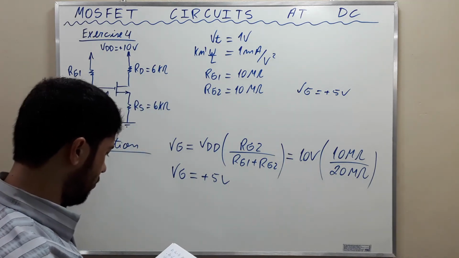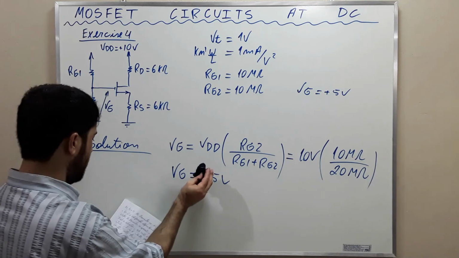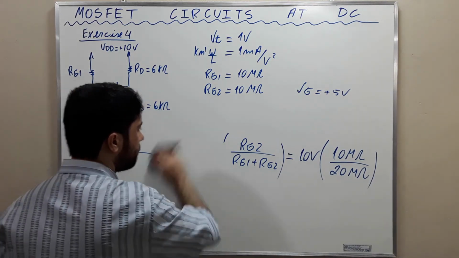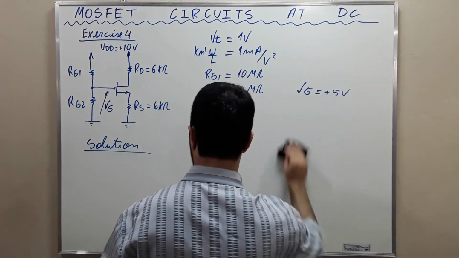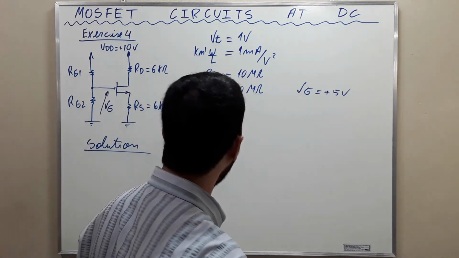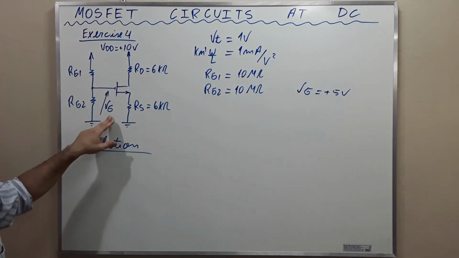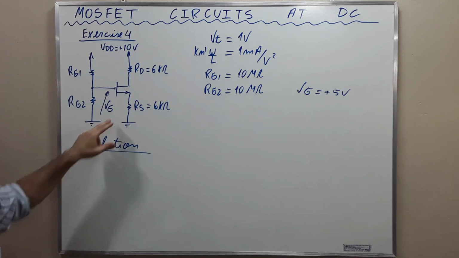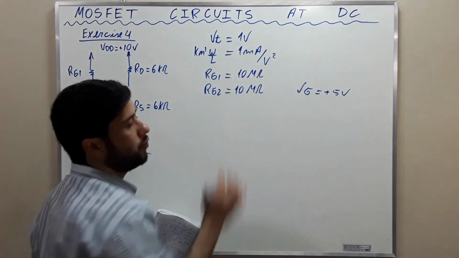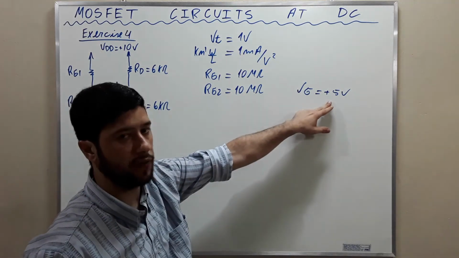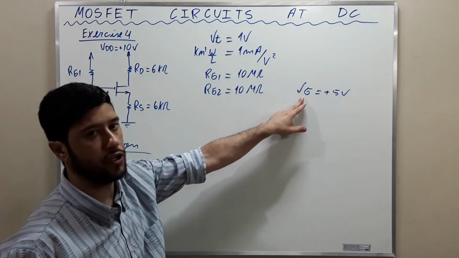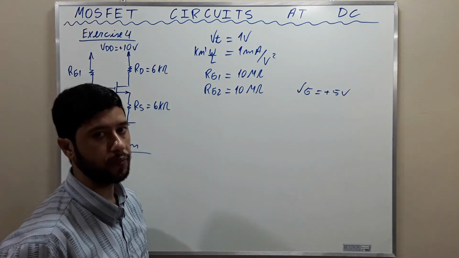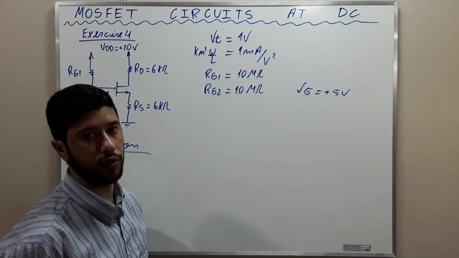Now we are going to calculate the rest, okay? See that Vg is greater than Vt, okay? Vt is 1 volt and Vg 5 volts. Whenever Vg is greater than Vt, the device is going to conduct.